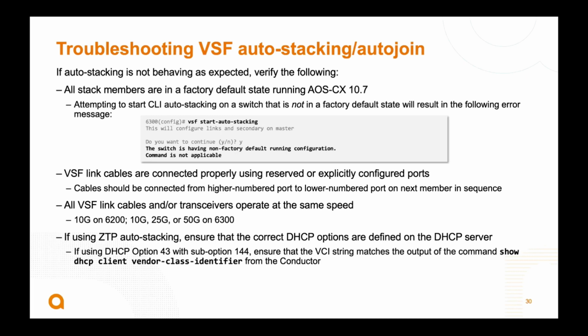If you're using ZTP auto stacking, make sure that you have the correct DHCP options and sub options defined on your DHCP server. And this particularly comes into play when you are using vendor classes. So make sure that your option 43 vendor class matches the output of your show DHCP client vendor class identifier command from the conductor, because that is the member that is going to be requesting the DHCP address from your server.